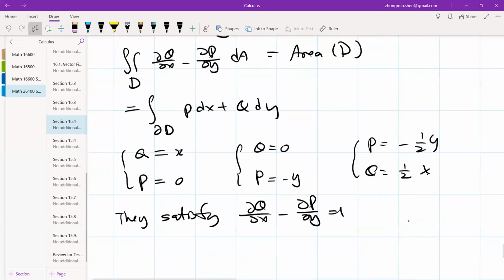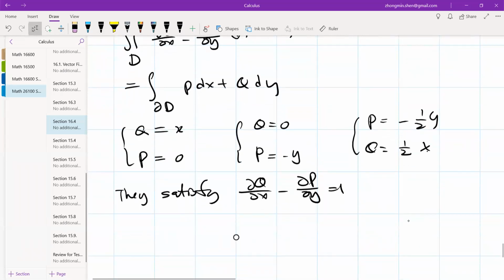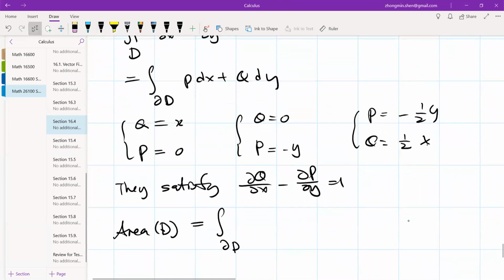All right, what does that mean? According to the above theorem, the area of the domain D can be evaluated along its boundary. When P equals 0, Q equals x, that'll be like this.